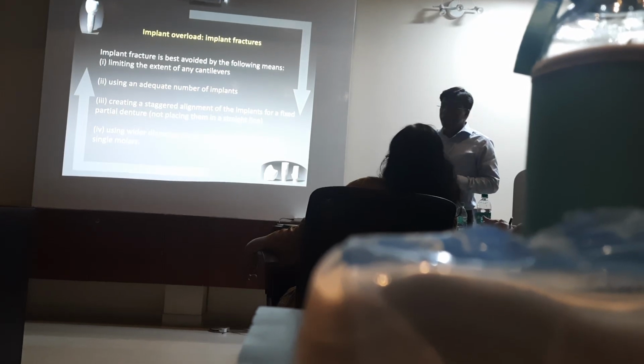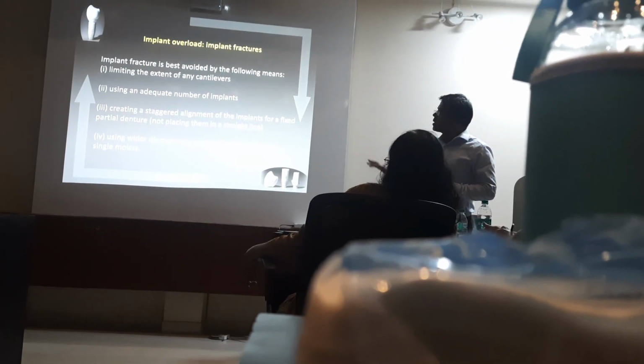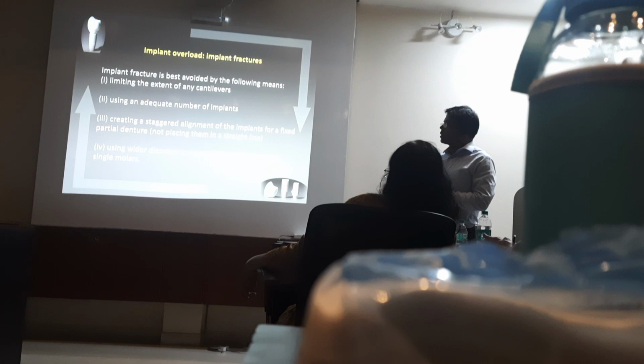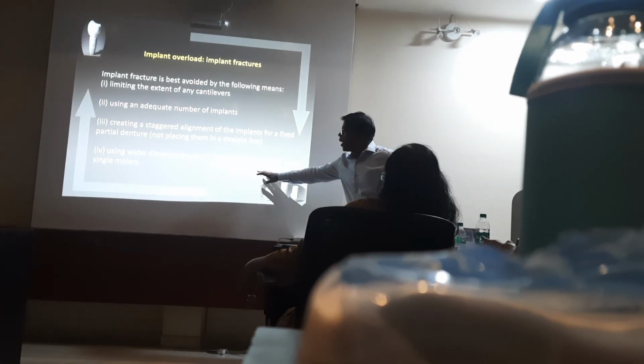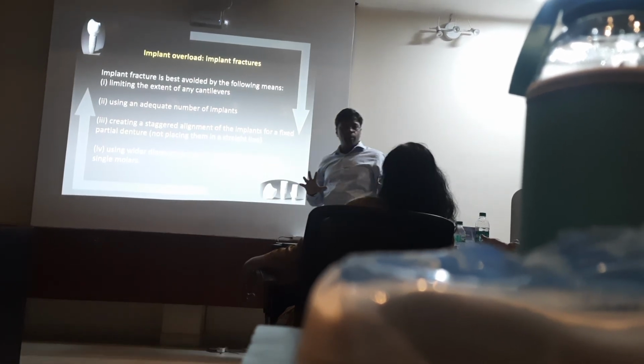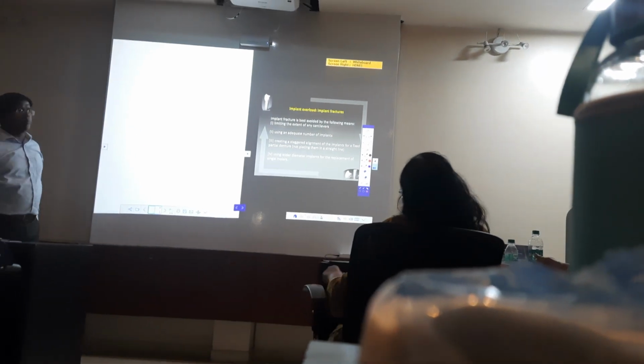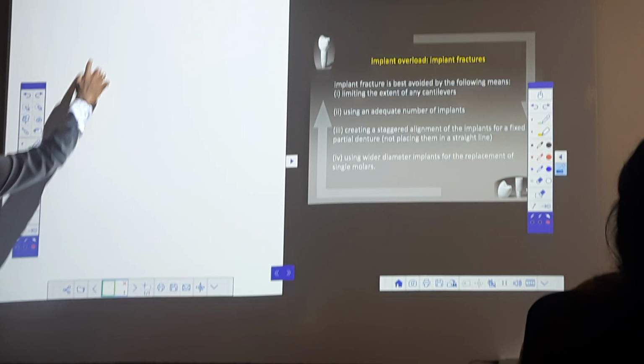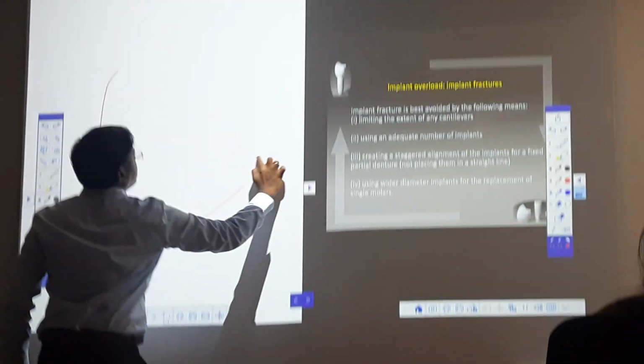Adequate number of implants, then creating a staggered alignment of the implants and using wider diameter implants instead of narrow. Now, creating a staggered alignment means, see, there is an arch like this.